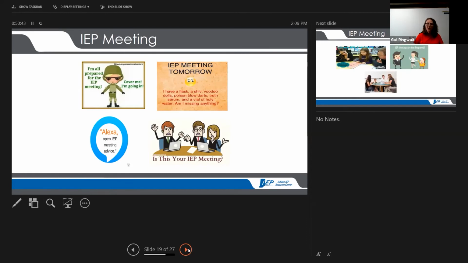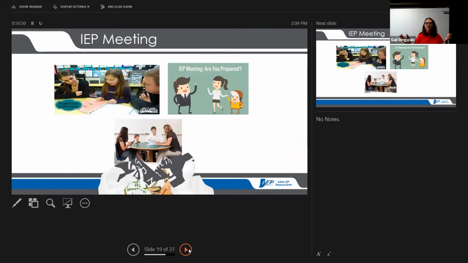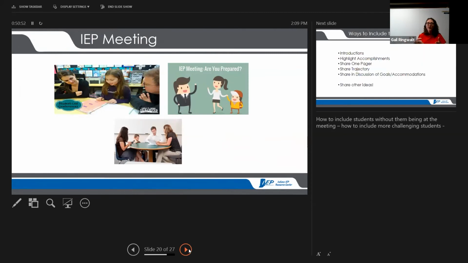You need to be organized. You need to let everybody know the student is coming so that everybody is prepared for the meeting. If you need to go over a draft with a student, you need to go over the draft. You can see here, kids are knowing the different parts and practicing leading their conferences.